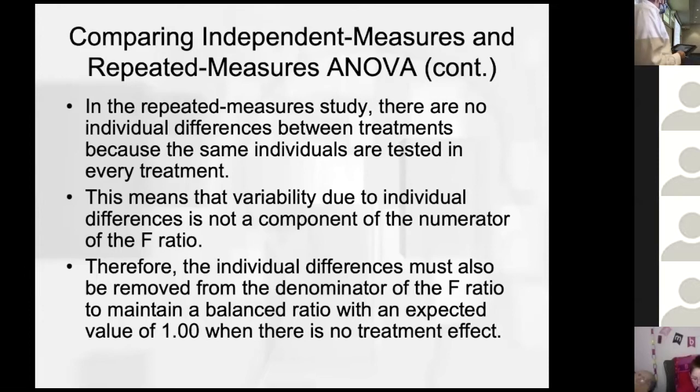Therefore, we have to remove those individual differences from the denominator to maintain that balanced ratio. Right? Because if we remove one source of variance in the numerator and don't remove it from the denominator, we're going to have an artificially deflated F ratio because we're accounting for variance that we don't need to account for in that denominator.